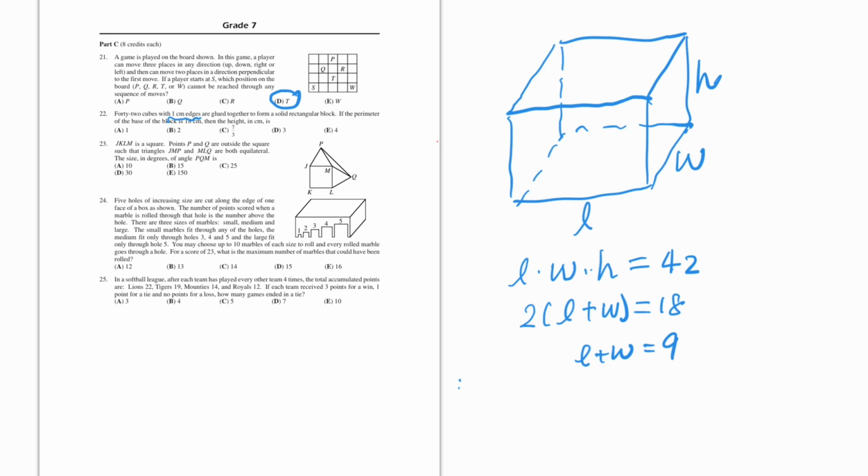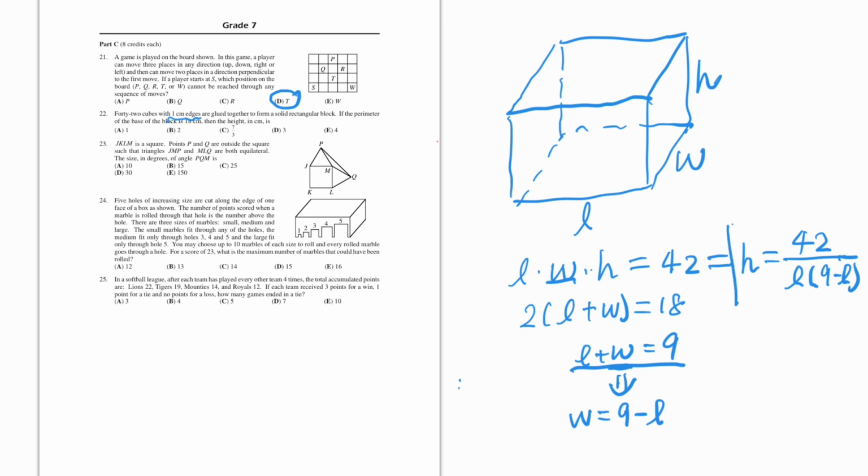So from the volume, because they ask height, height equal to the 42 over length times width. And also, from this equation, the width equals 9 minus length.